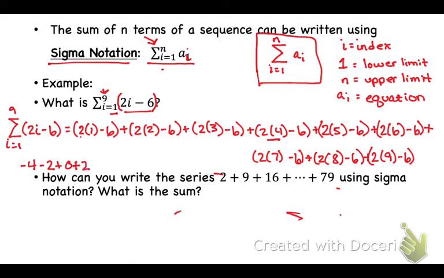See that? Negatives, I subtract, positives. 2 times 5, 10 minus 6, 4. 2 times 6, 12 minus 6. 2 times 7, 14 minus 6. 2 times 8, 16 minus 6. 2 times 9, 18 minus 6, 12.